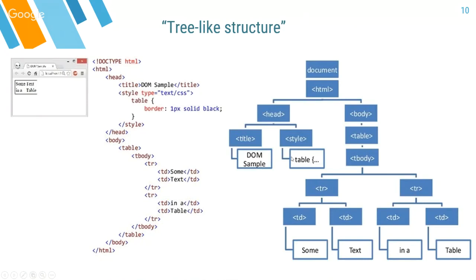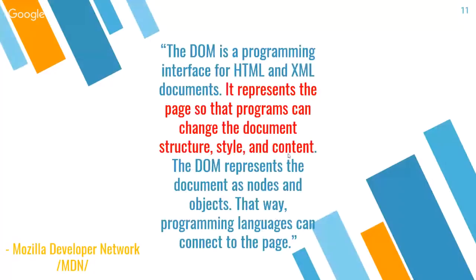Okay, so now that we know what we mean by saying that the DOM is a tree-like structure, let's have a look at some more definitions. This is what the Mozilla Developer Network says. Actually, let's first say what the Mozilla Developer Network is. That's like the main source of truth in the web developer community, and not just the web developer community, all developers in general tend to look at this.